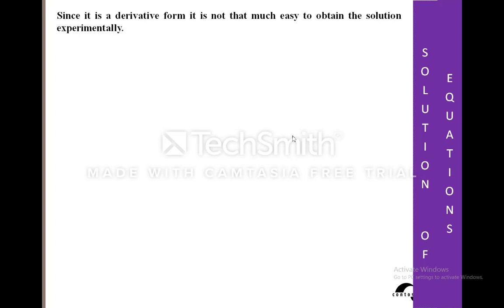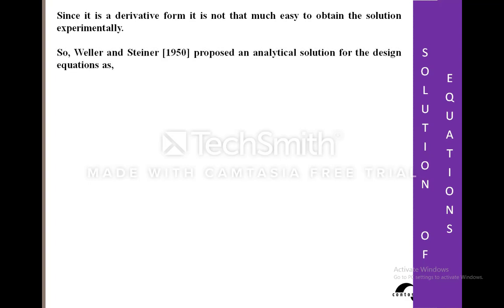So now let's see what will be the solution for your above 7 equations. Since it's in a differential form, you cannot easily obtain the solution. It's not that easy to obtain it. So we have good scientists named Weller and Steiner who proposed the analytical solution for the design equation.